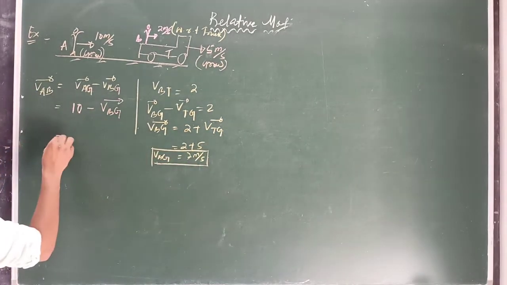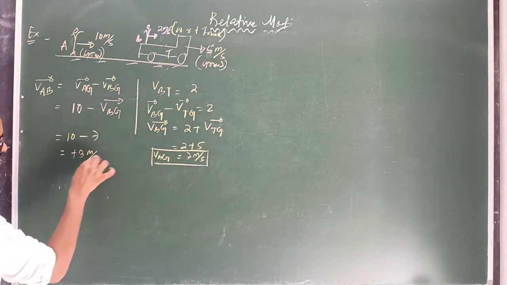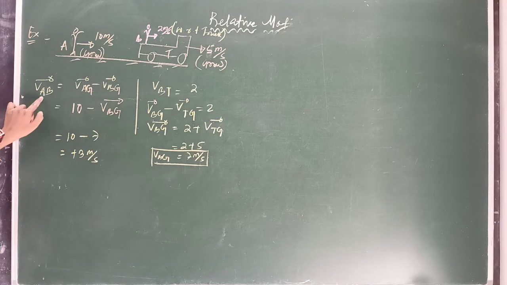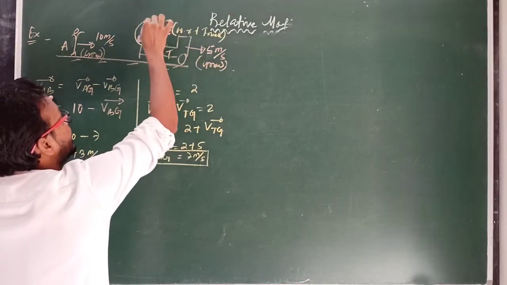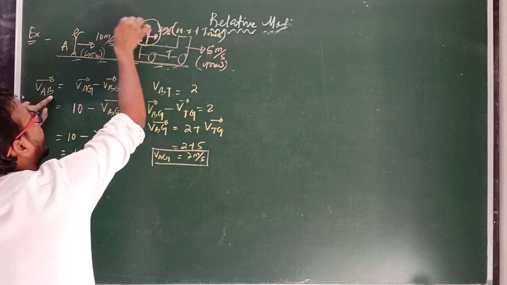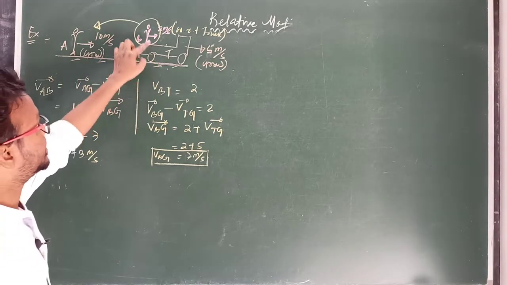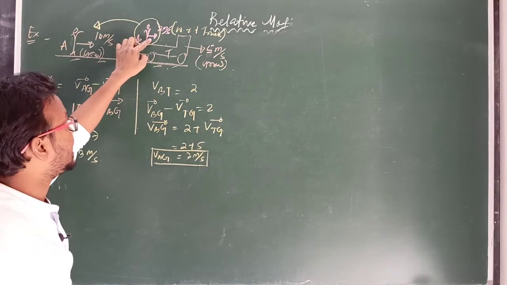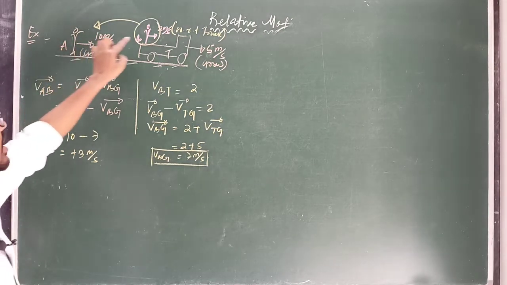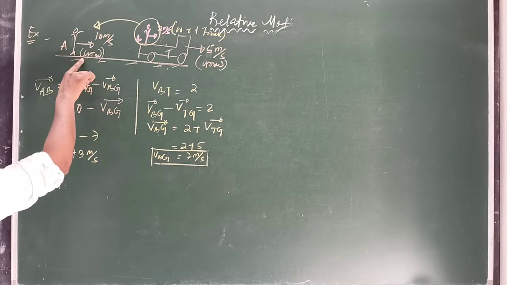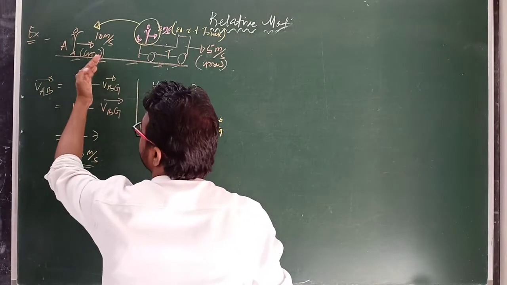Now use this formula here, then 10 minus 7, that is plus 3 meter per second. It means that velocity of A with respect to B, the observer is at point B, and he observed that the velocity of A is 3 meter per second. Did you understand?